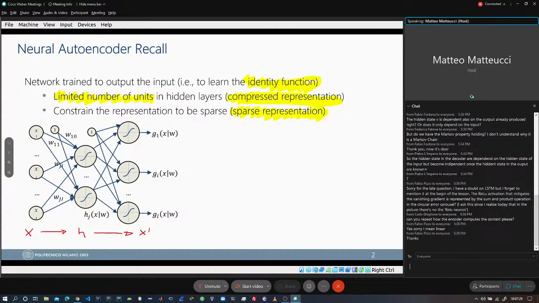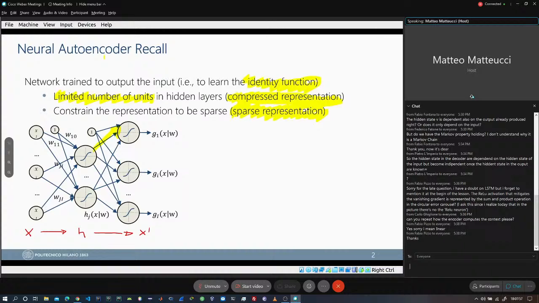What does it mean? It means that if you have inputs which are clustered, you should have, in principle, one output of the hidden neurons which is one, which represents that cluster of input, and all the others should be zero.